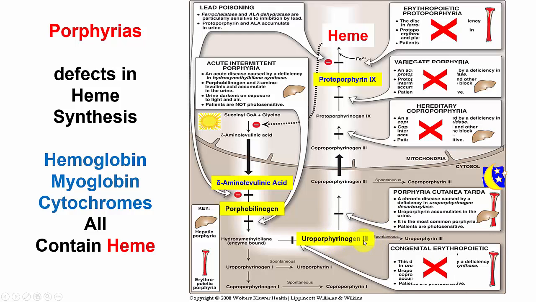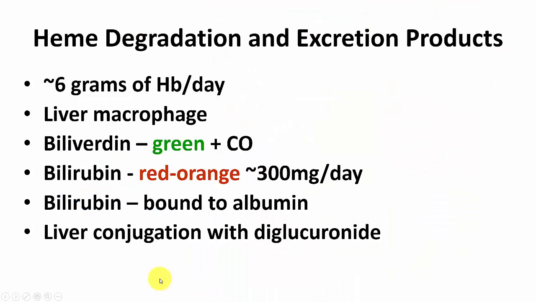You can't metabolize this any farther, so this builds up in the urine. So you have this one in the urine with acute, and this one in the urine with the Cutanea tarda, and so you can't make enough heme. So both of them are nasty diseases. And again, this tells you that lead stops the last step and the second step.